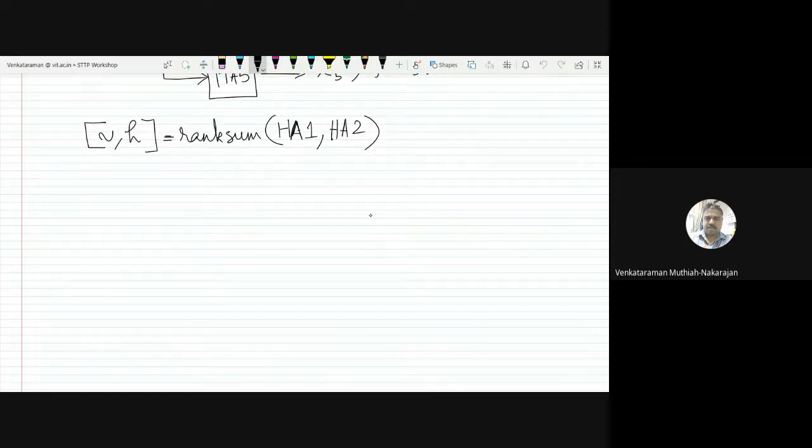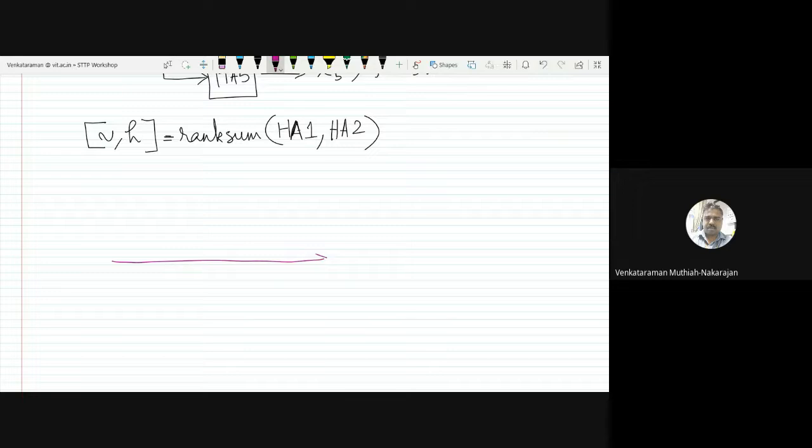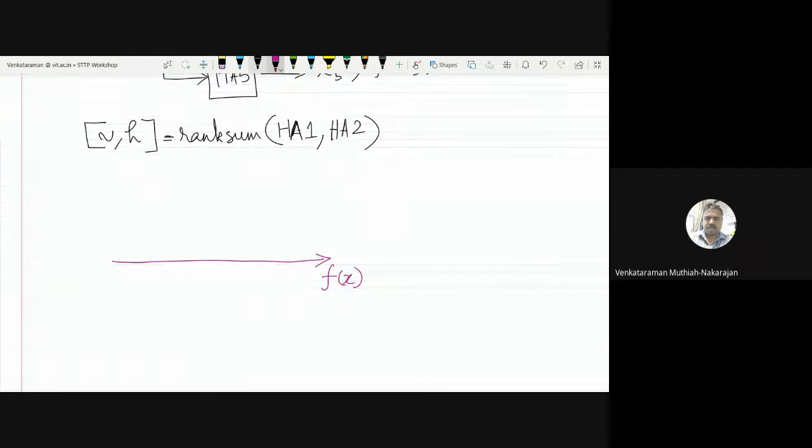Let us say you have two algorithms. You are essentially evaluating f of x, and you have two algorithms.